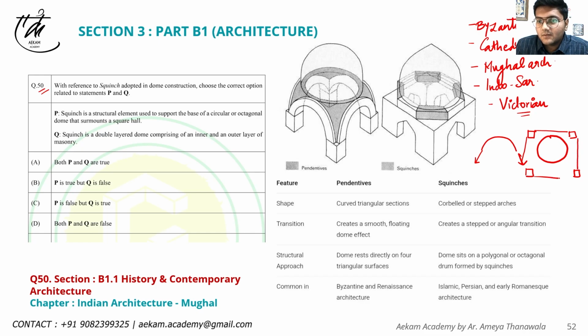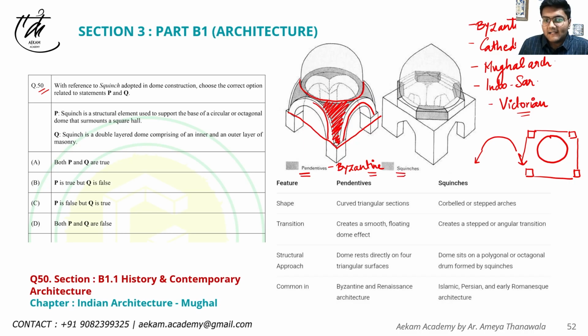There are 2 methods of load transfer. First, on this circular base, you start forming large spanning arches. This is your square column line and this is your dome, and these triangular curved portions are called pendentives. The example being Hagia Sophia.